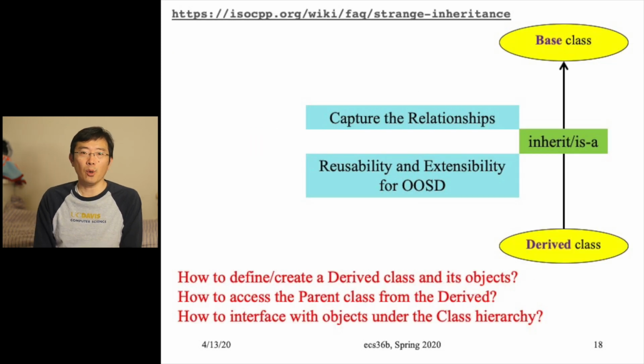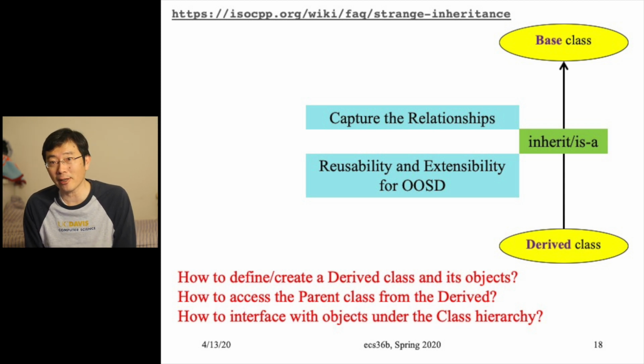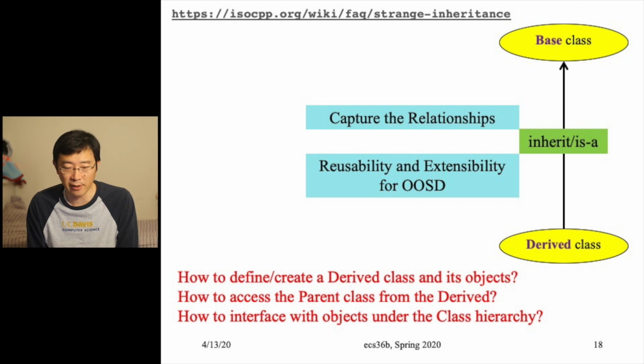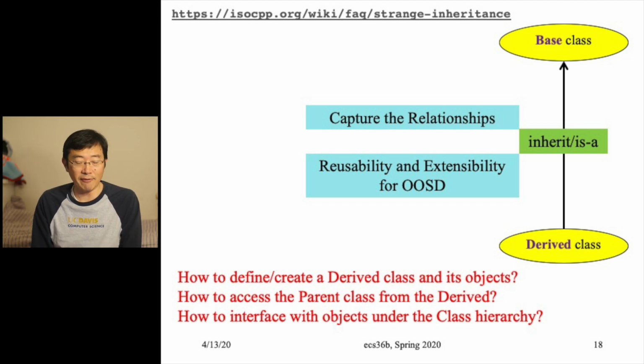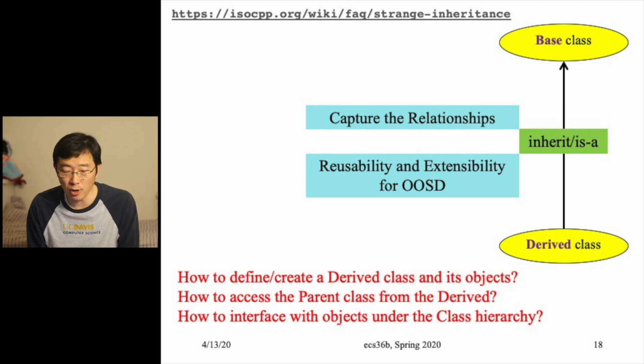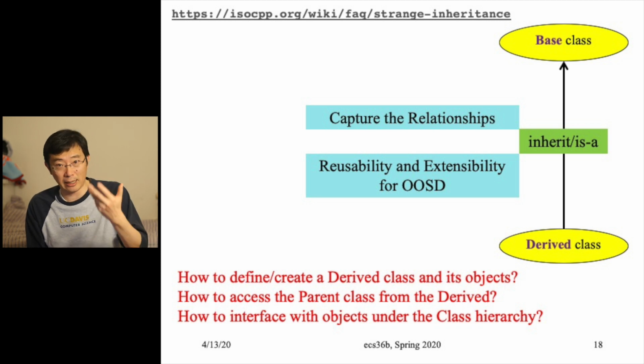For this lecture, we went through the basics of inheritance and polymorphism. We covered how you can define an inheritance relationship and how to call the constructor. We also covered the keyword protected.